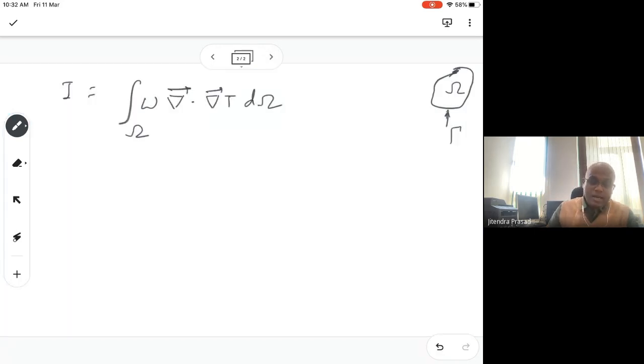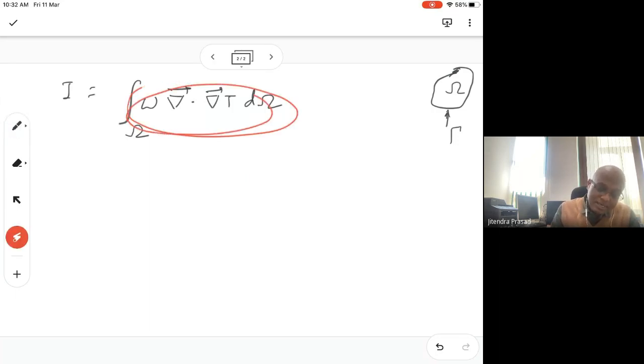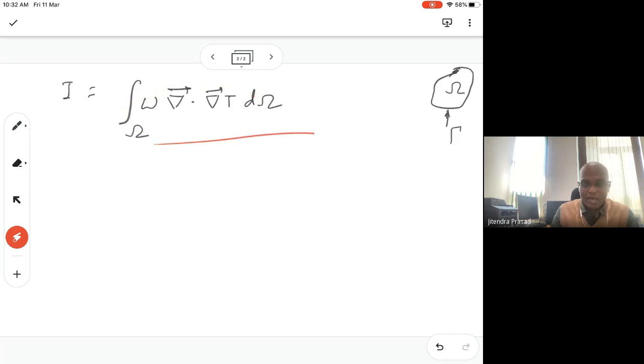Now we have to convert this into something. Why? Because right now this is equivalent to a double differentiation, and we have to convert that into a single differentiation. So how to do it? For that we have to work out how we can do it.